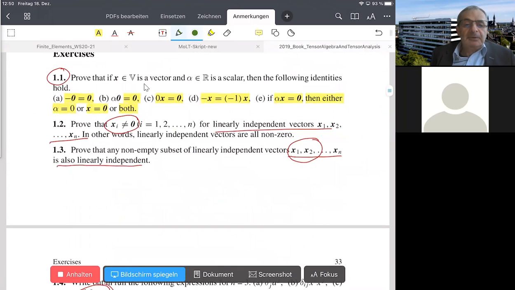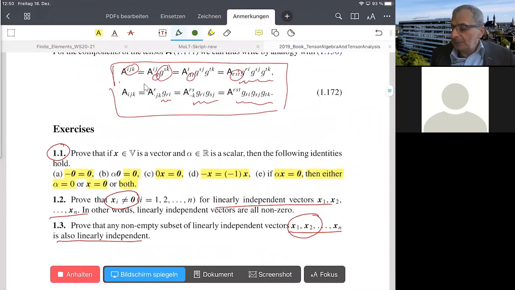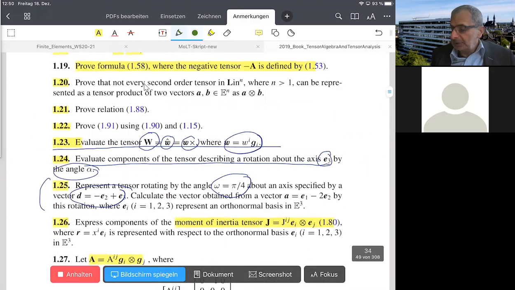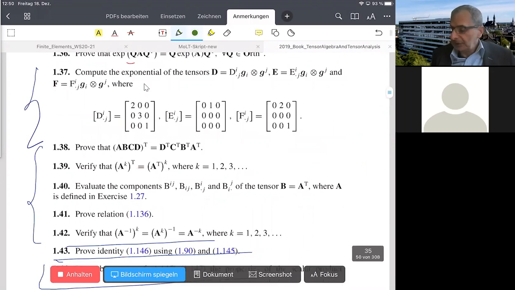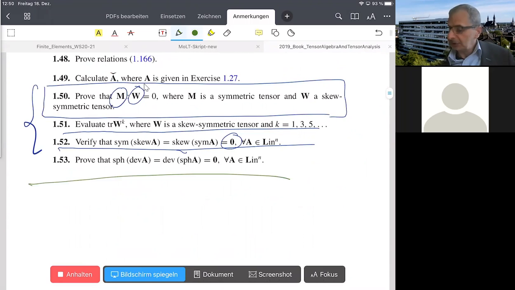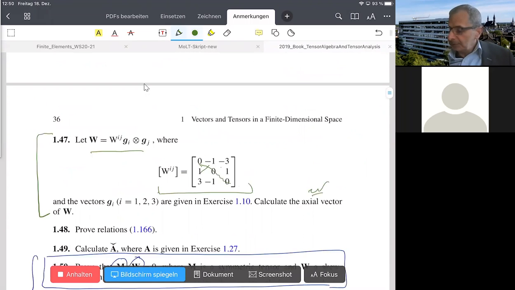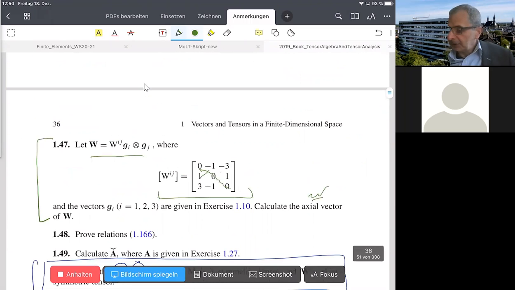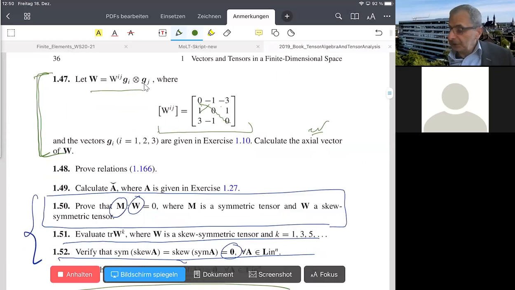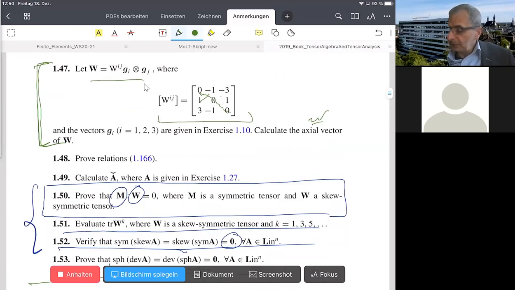So clear? Further questions? We completed chapter 1, and please do all these exercises to the end. We left some exercises, so everything here should be done. Also, please do this exercise, calculating the axial vector of this tensor W, also exercise 148, 140.